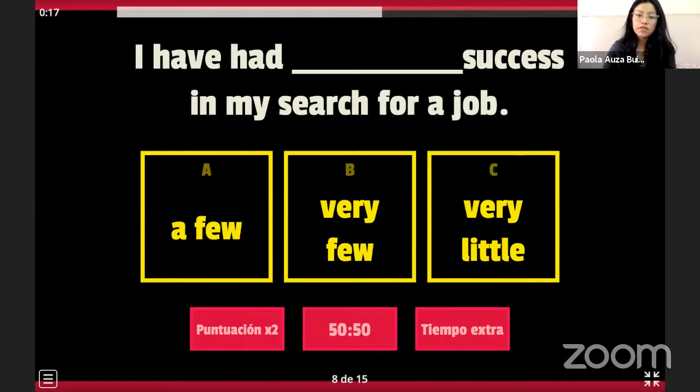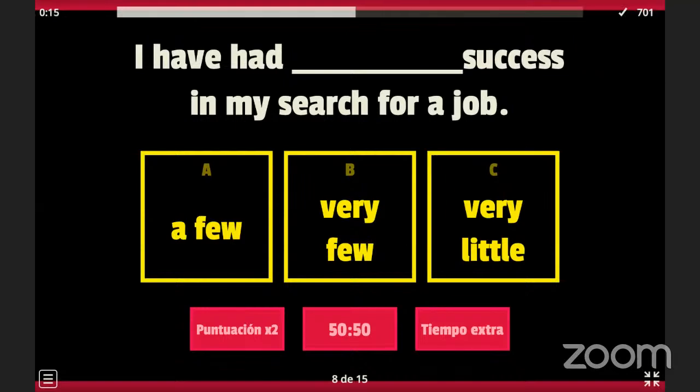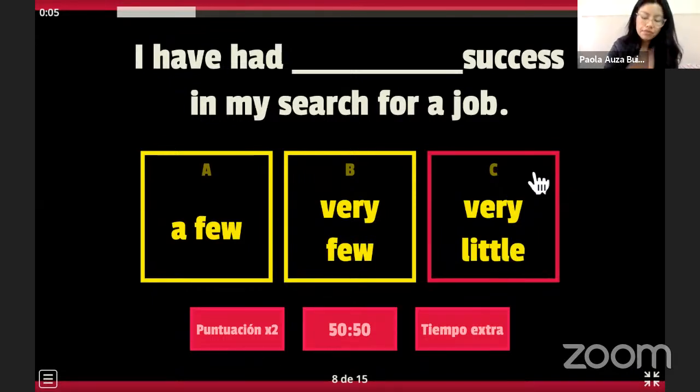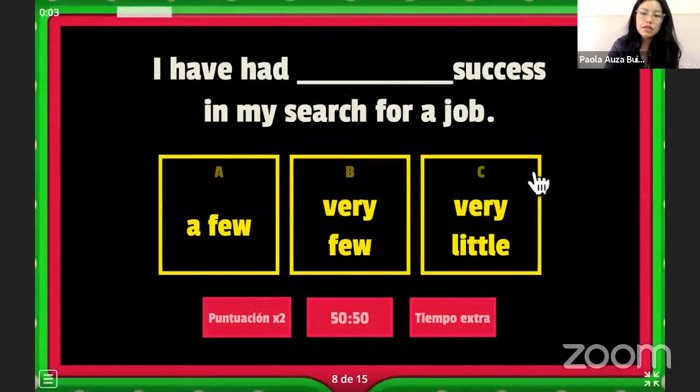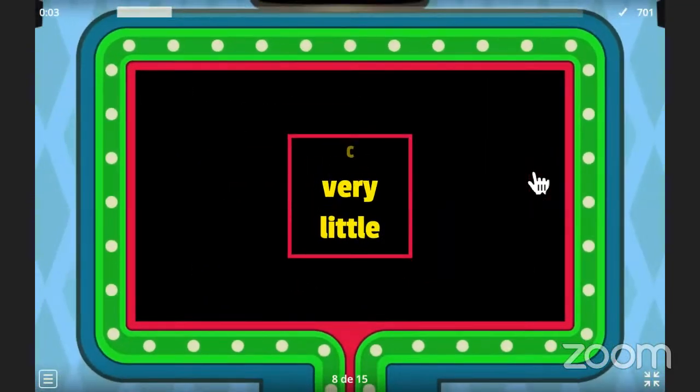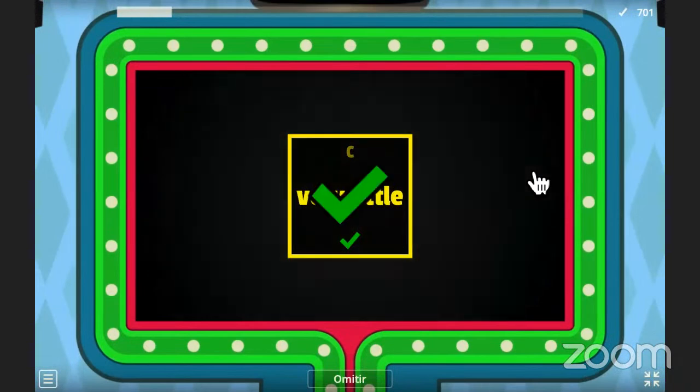Success. Few or little? I had very little success. Yes. Yeah, great job.